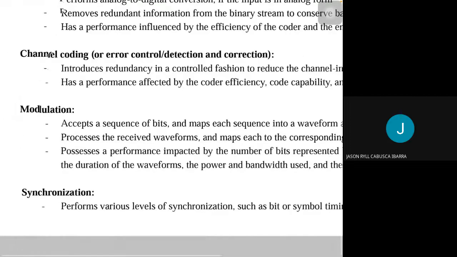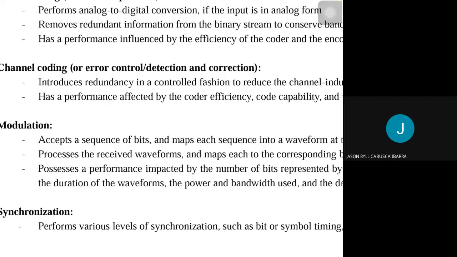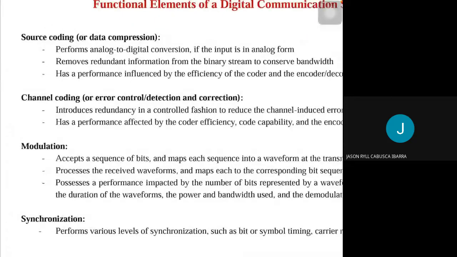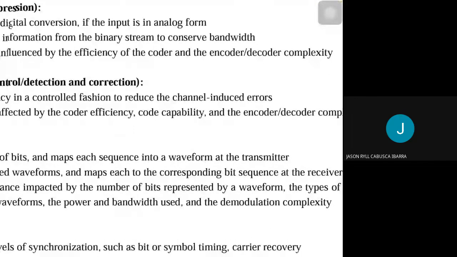Modulation, we've known about this. This is the same concept as we learned from the previous COM subject. It accepts a sequence of bits and maps each sequence into a waveform that is receivable by the transmitter.